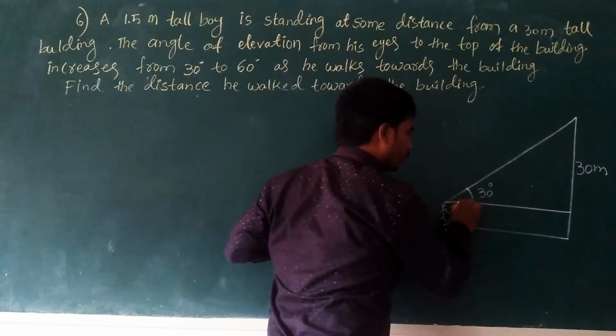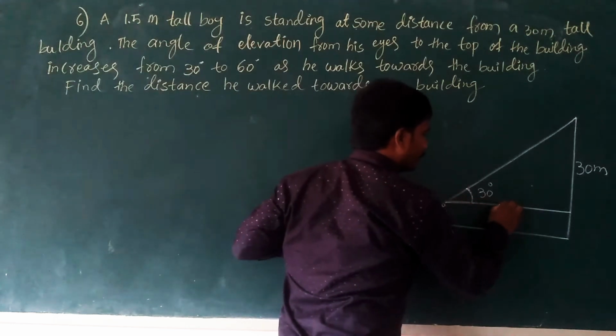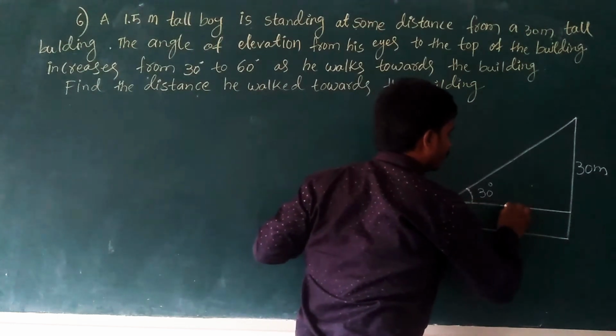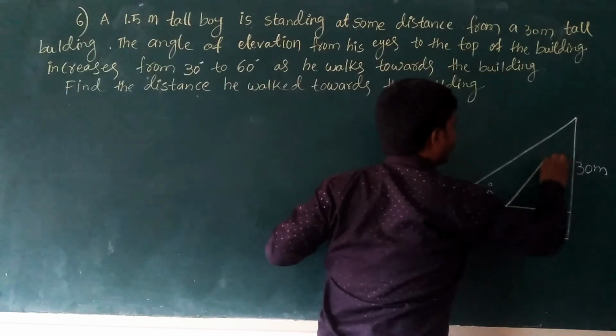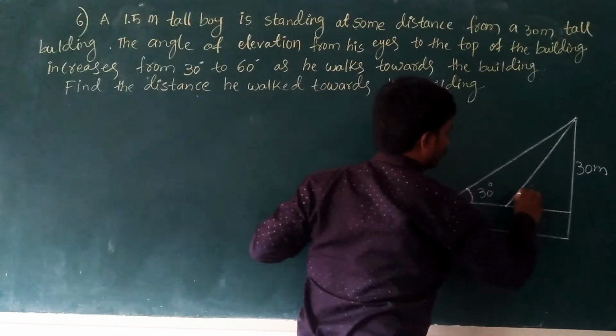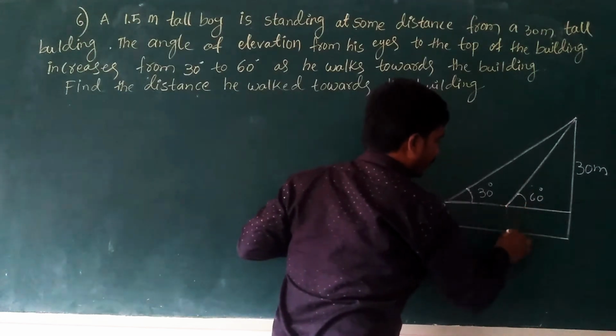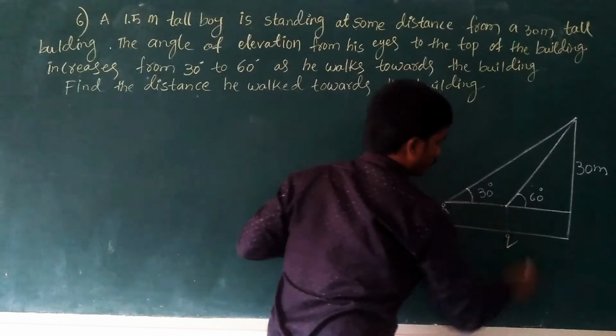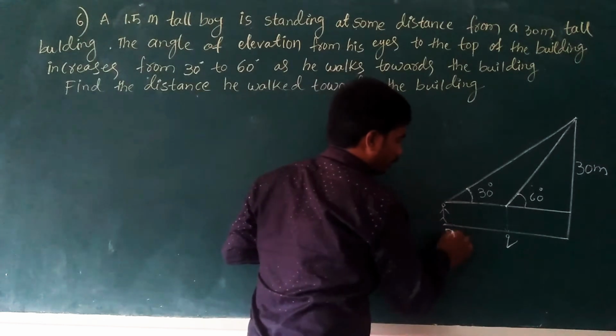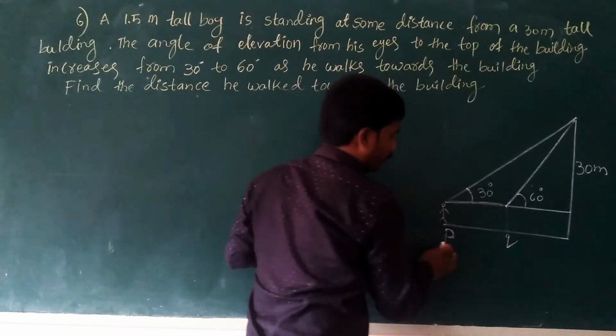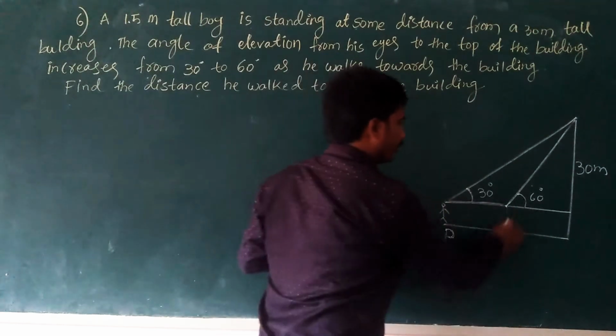He is walking towards the building. After some distance, the angle of elevation is 60 degrees. This point is Q. So he walked towards the building from point P to point Q.